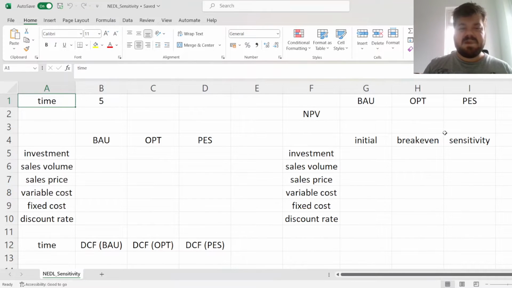My name is Sava, and today we're investigating a crucial concept in investment appraisal and the link between financial management in terms of investment appraisal, risk management, and decision making, which are sensitivity analysis and scenario analysis.